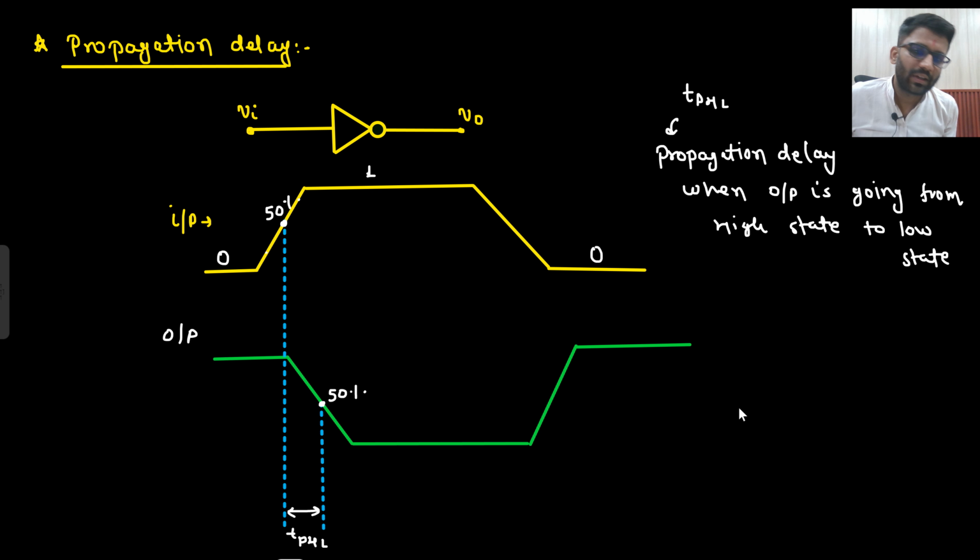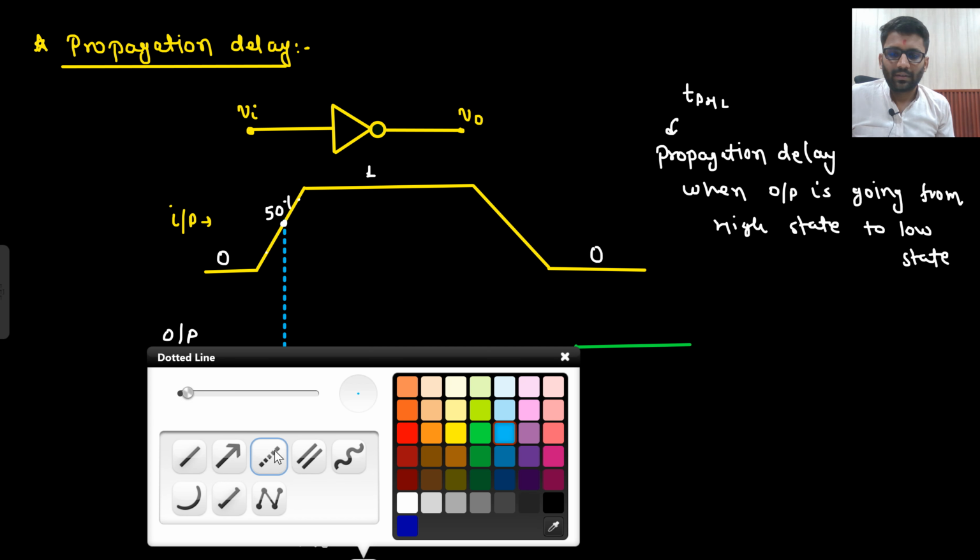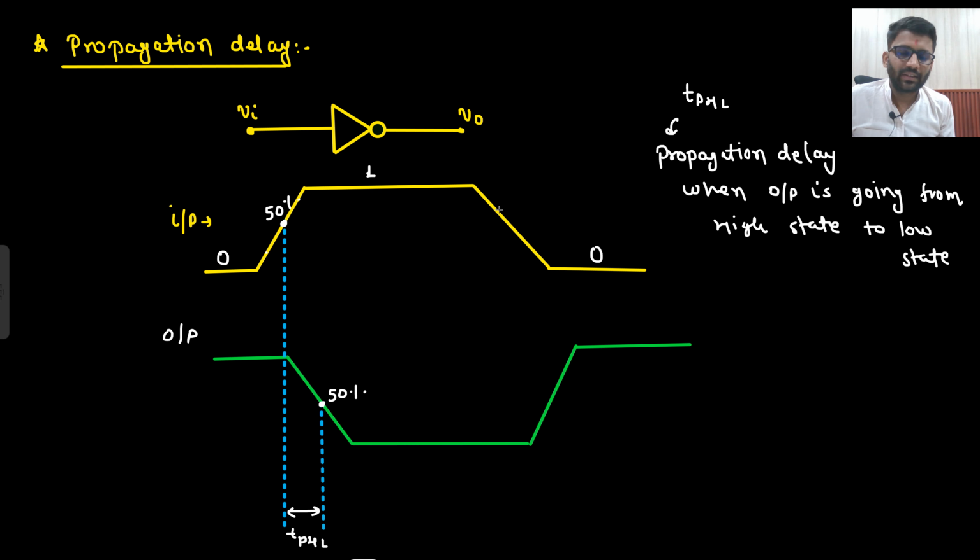Same goes for the next one as well. It is coming from high to low. 50% is nearly this, and this is going from low to high. 50% is nearly this.